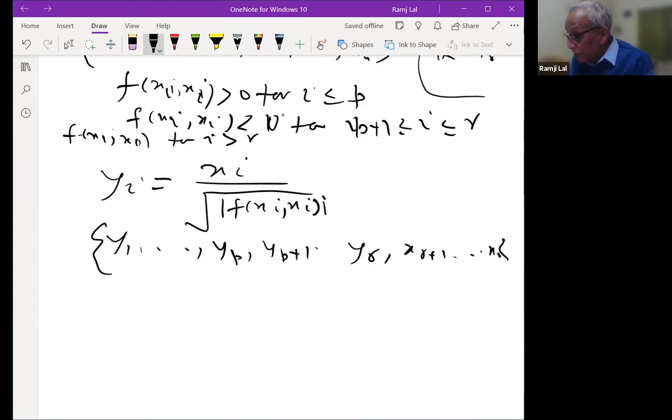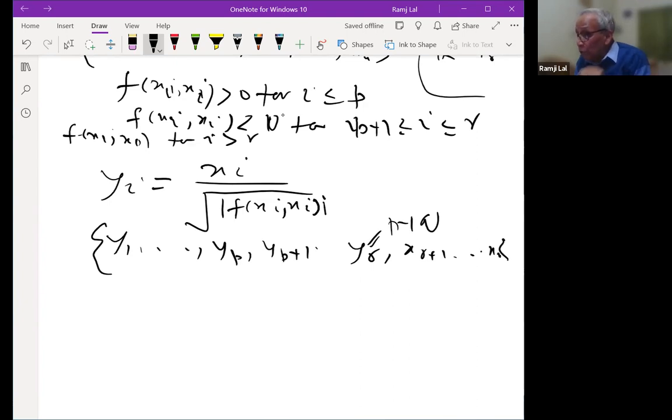So we have such a basis for which the matrix is a diagonal matrix. p of them are positive, and q of them are negative, with r equal to p plus q, and then the rest of them are 0. So such a thing exists.